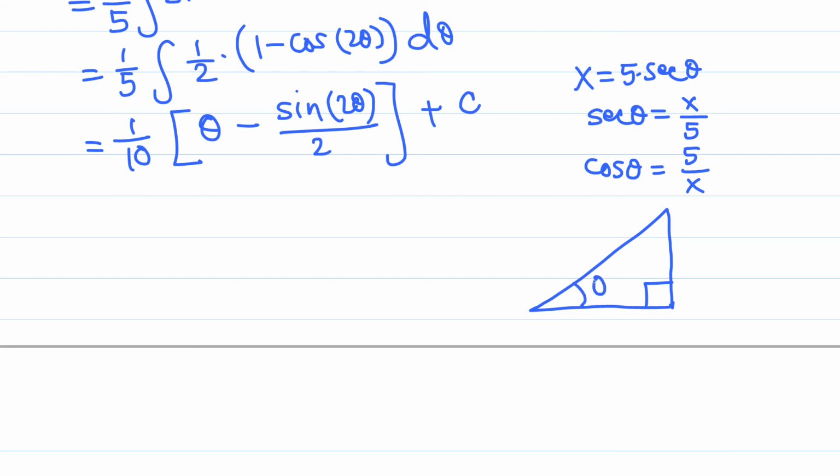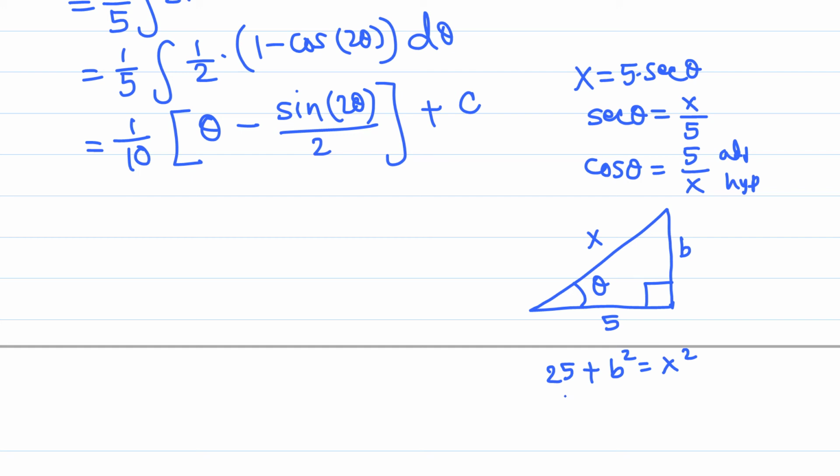Based on this, we have a right triangle. Cosine is adjacent over hypotenuse, so this is 5 over x. And by the Pythagorean theorem, a square plus b square equals c square. This is b. So 5 squared, 25, plus b squared equals x squared.